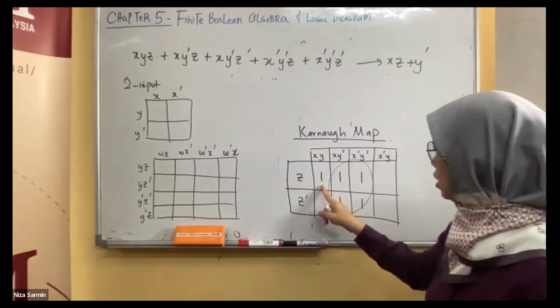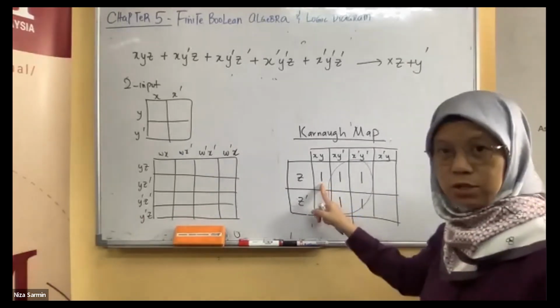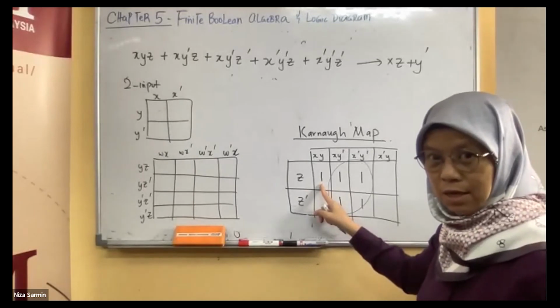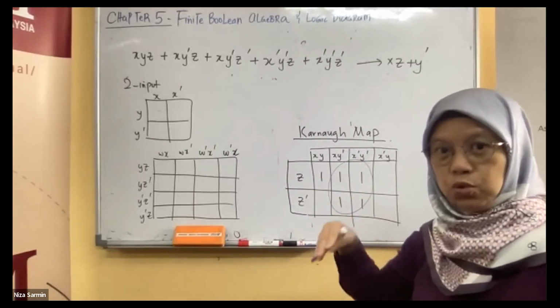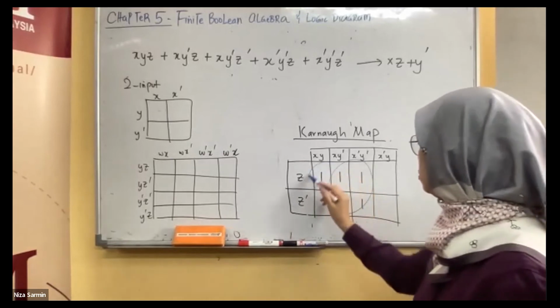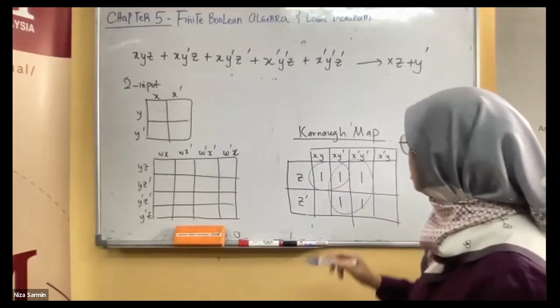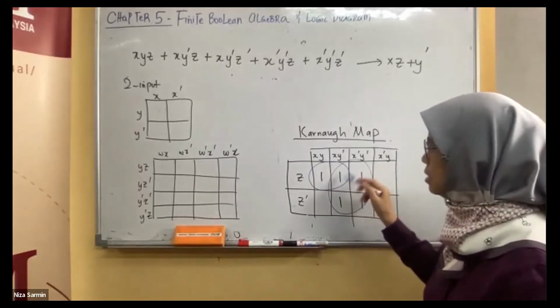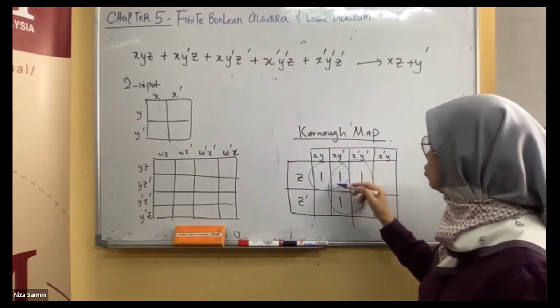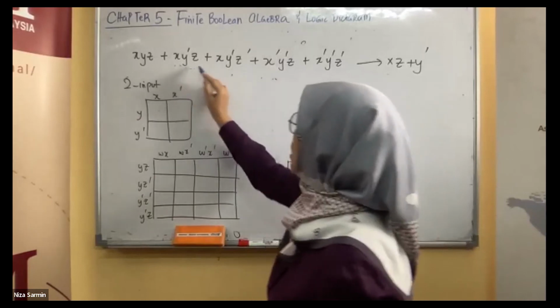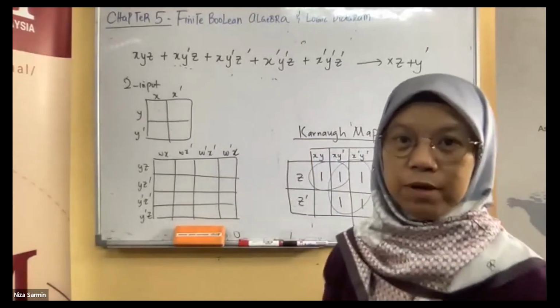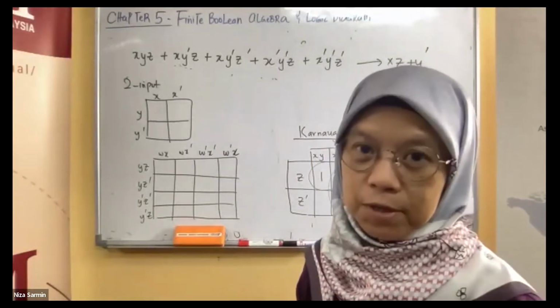What happened to this one? This one has to be circled and it has to be 2. 2, 4, 8, so you have to circle for that one. And that is why we know there's a double here. That is why I know that I can add another x y prime z to make it simple.